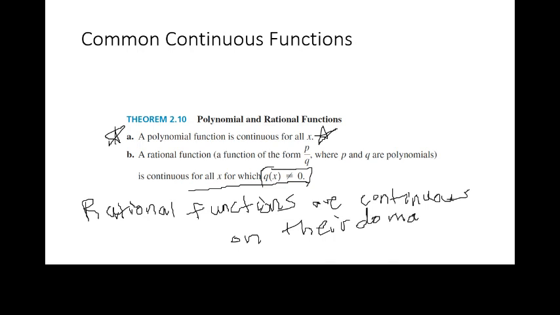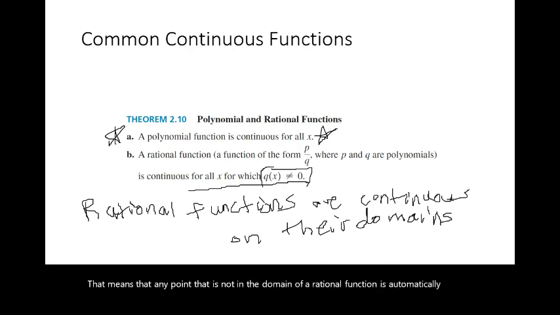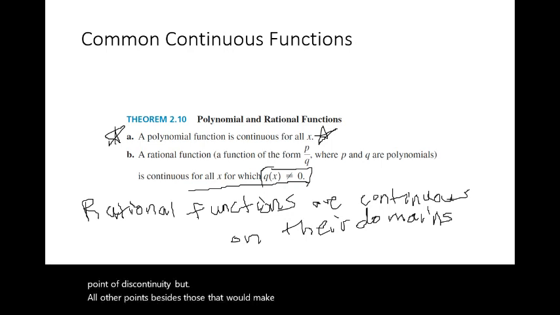That means that any point that is not in the domain of a rational function is automatically a point of discontinuity. But all other points besides those that would make the denominator 0 are points of continuity for a rational function.